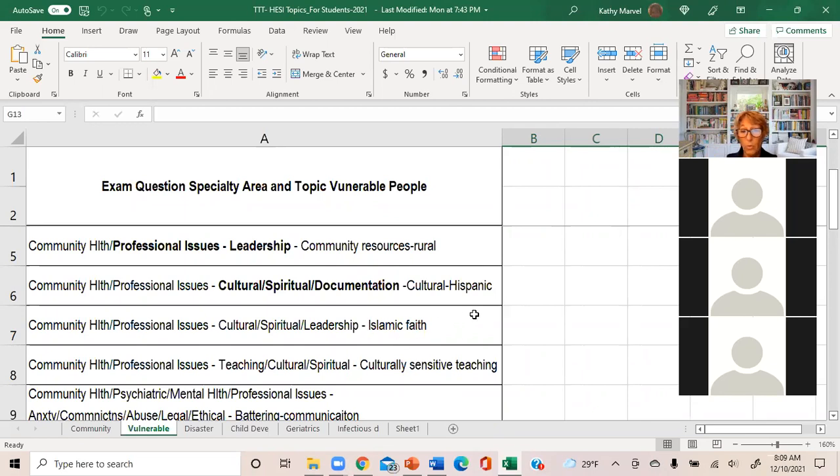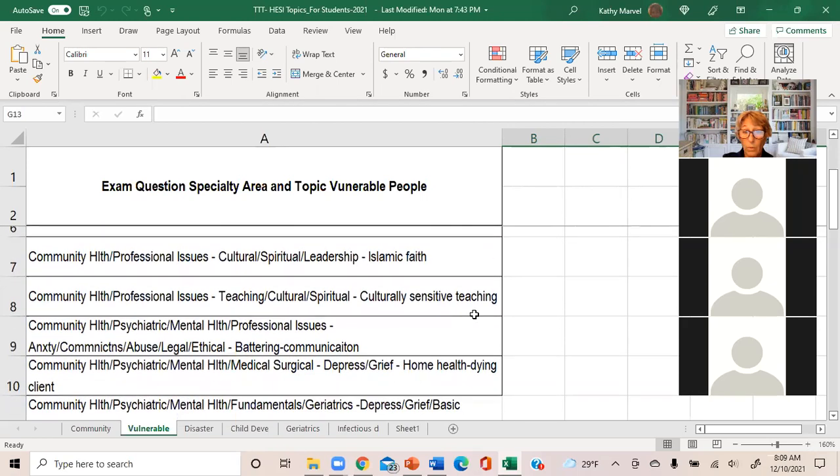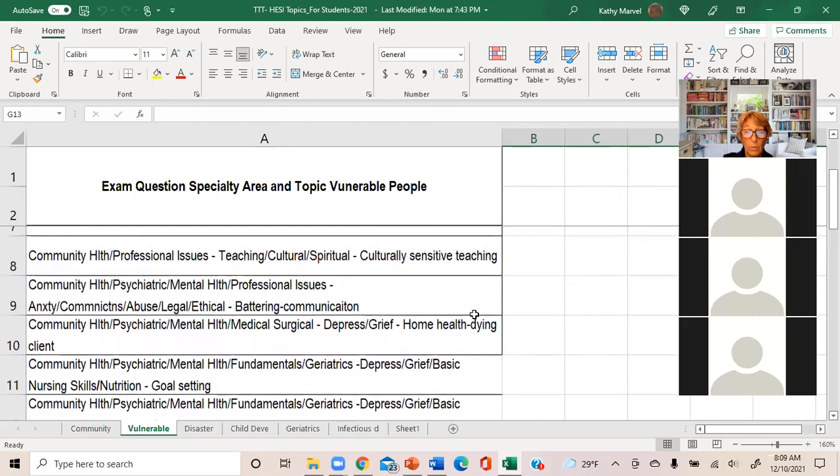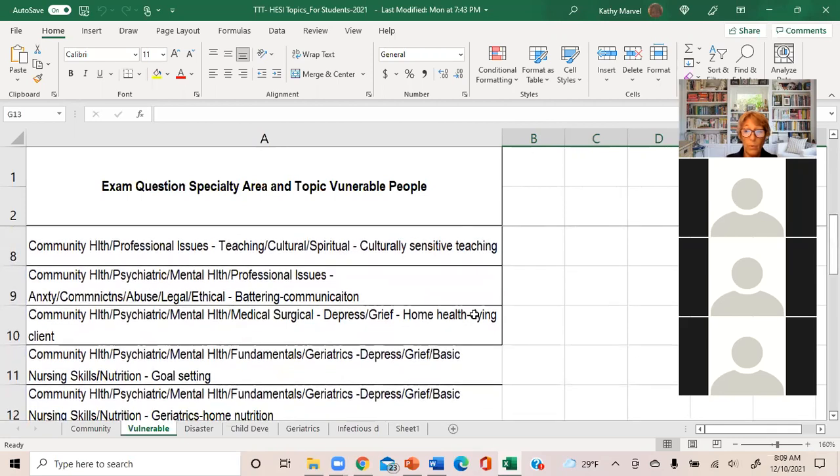So you need to go back to that chapter and review, or go back to the PowerPoint and review certain cultural characteristics of those two cultures. Another topic, culturally sensitive teaching. That's in your cultural competence area.